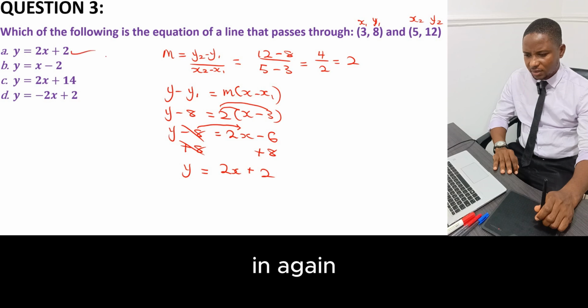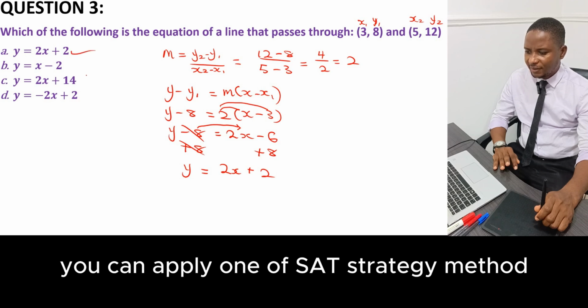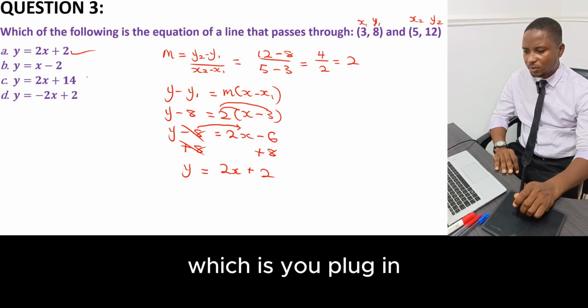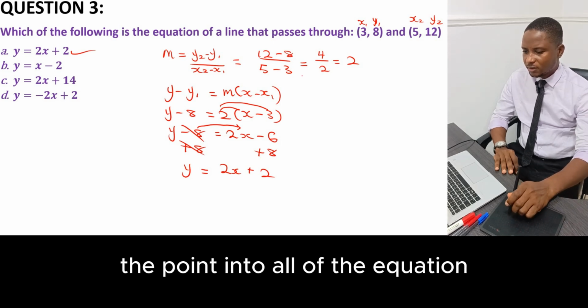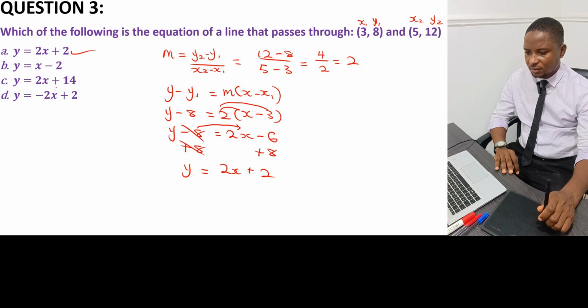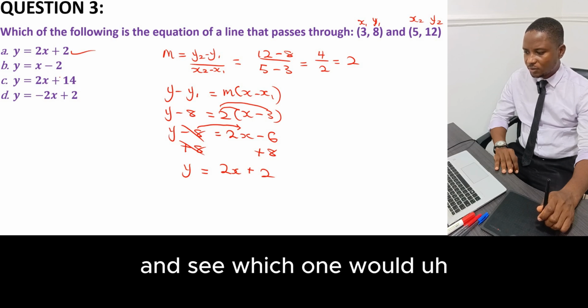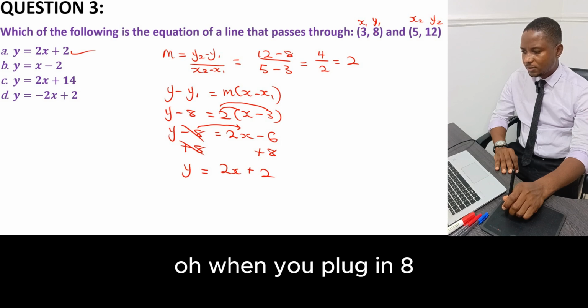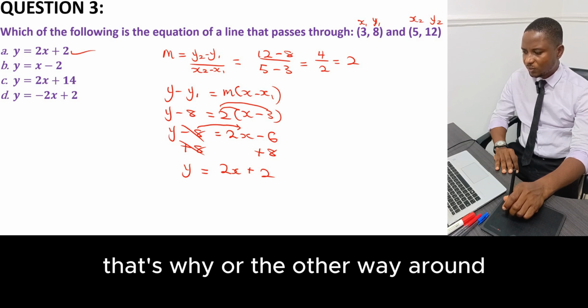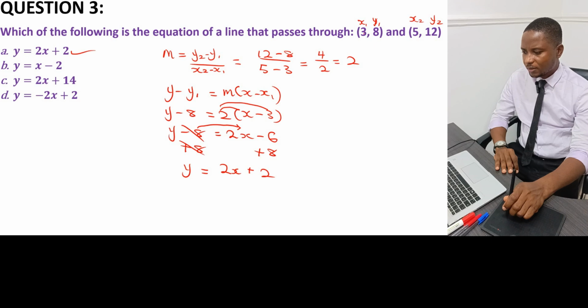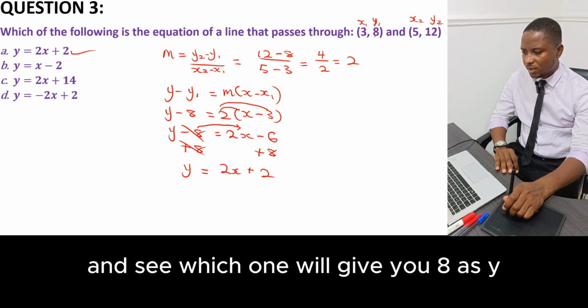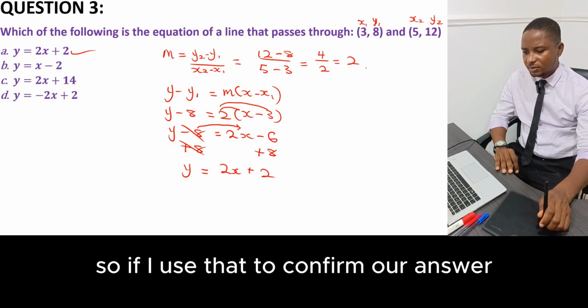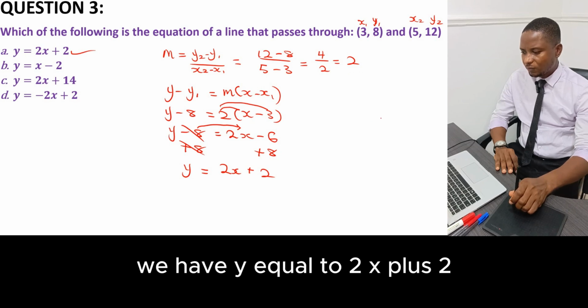A. Again, you can apply one of the SAT strategy methods, which is to plug the point into all of the equations and see which one would give you 3 when you plug in 8 as y, or the other way around, plug in 3 and see which one will give you 8 as y. So if I use that to confirm our answer, we have y equal to 2x plus 2.